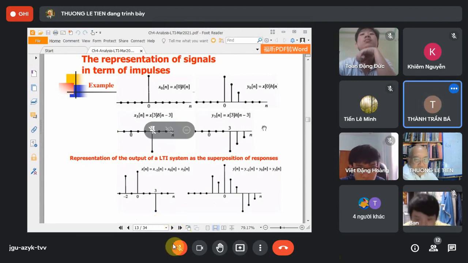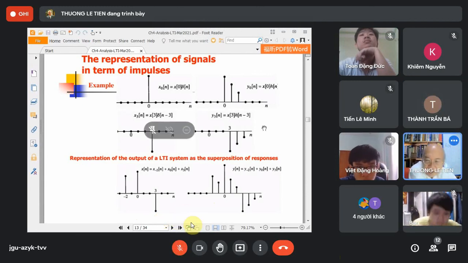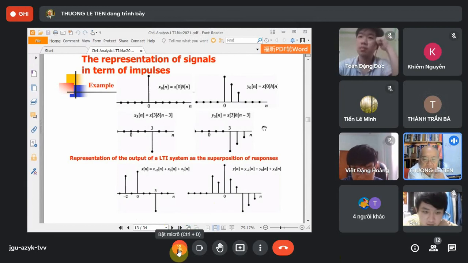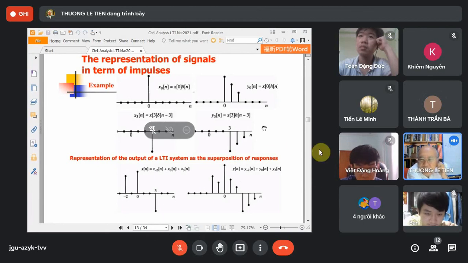Next time I want to see your face, because face to face sometimes you can guess, but the voice you may not hear clearly. Okay, Button. Now, what are the basic definitions of the impulse response of a system?